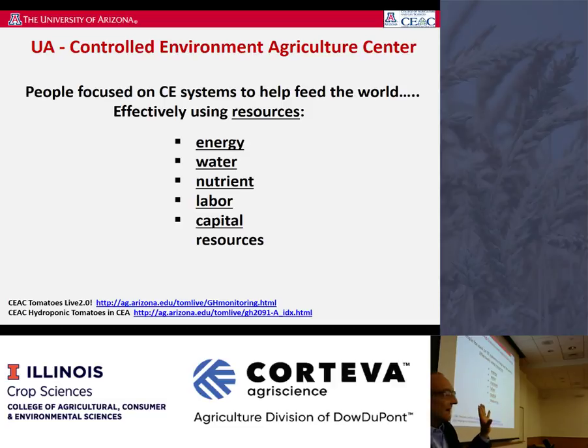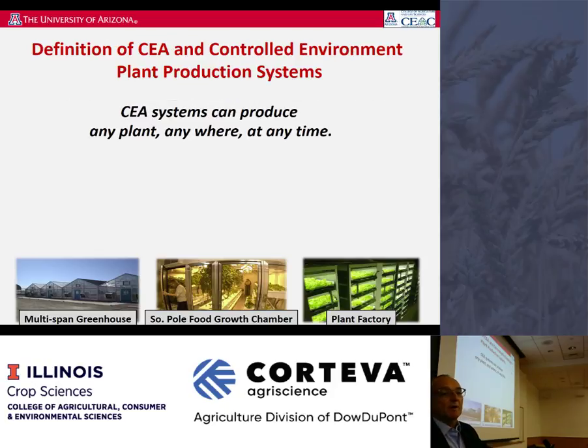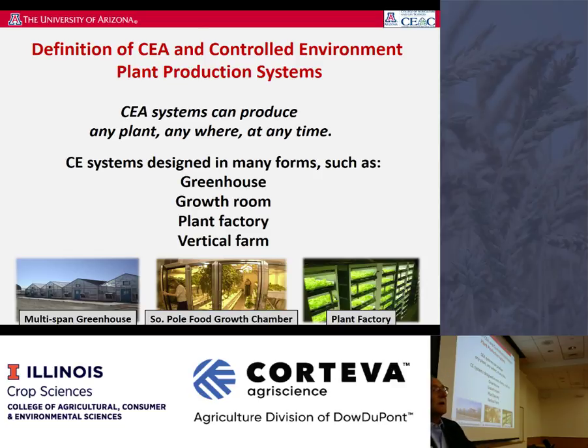These people that work at the Controlled Environment Ag Center, faculty from the sciences, from engineering, staff, students, volunteers, people from industry are focused on these topics here, from energy through capital resources, including labor, nutrients, and water. Labor is one that we forget about a lot, and that's a big part of what we have to keep in mind.